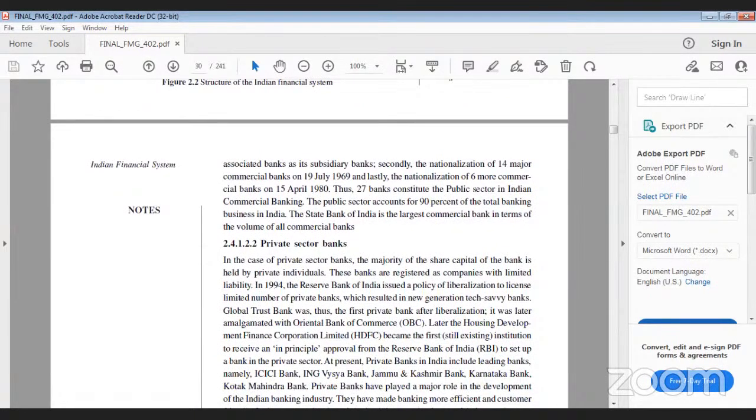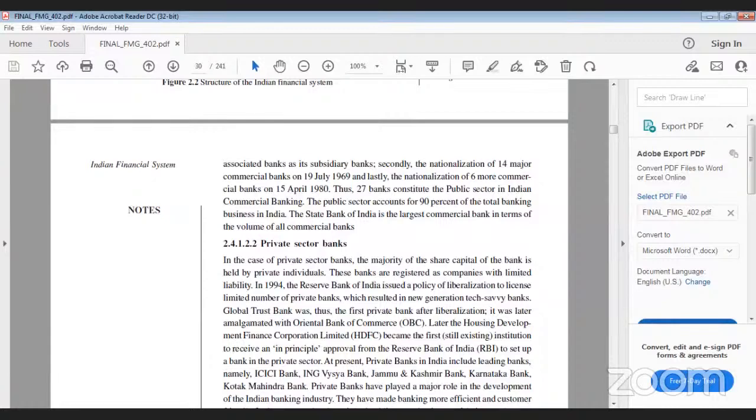Thus, 27 banks constitute the public sector in Indian commercial banking. The public sector accounts for 90% of total banking business. The State Bank of India is the largest commercial bank in terms of volume among all the commercial banks.